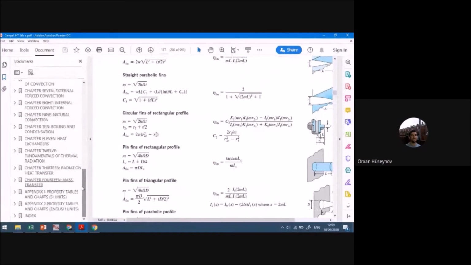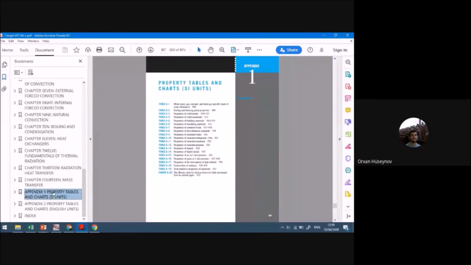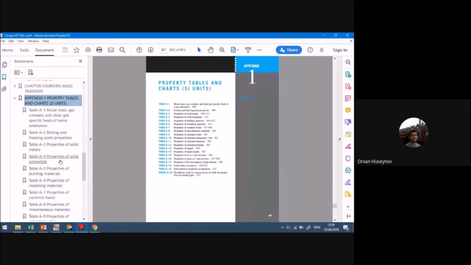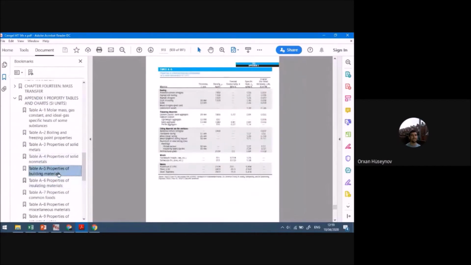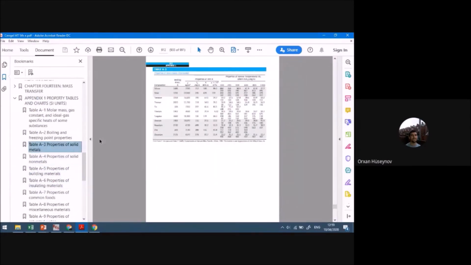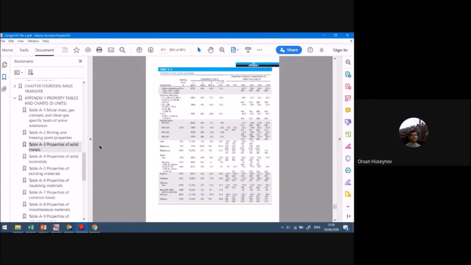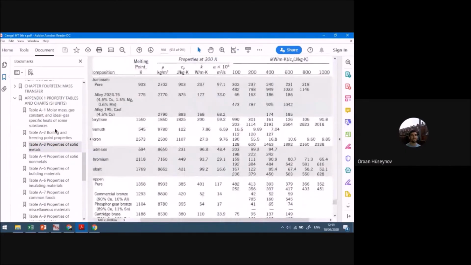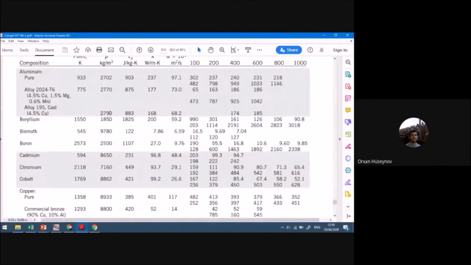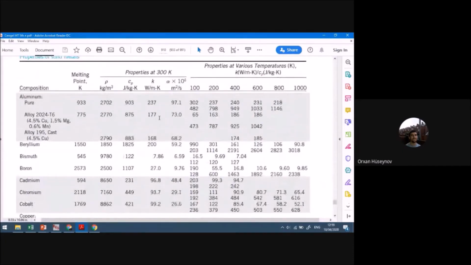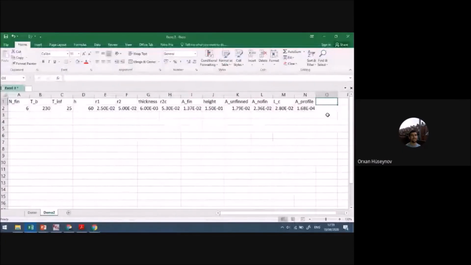We will go to the appendix, where you will have the properties of the materials. We have the aluminum alloy, which has a conductivity of 177. So k of the aluminum is 177.